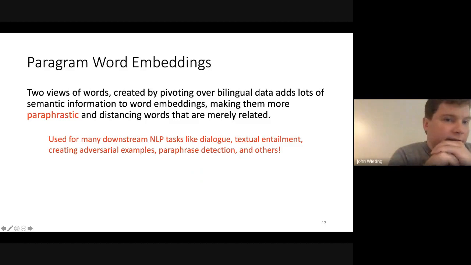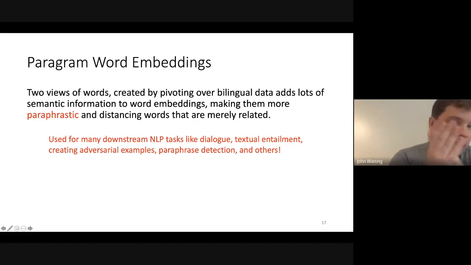So these word embeddings are a simple starting point, but they set the stage for the theme of a lot of my work, which is trying to find two views of some semantic concept and then proposing objective functions and encoders to create what we call paraphrastic representations, focused mostly on semantic similarity.